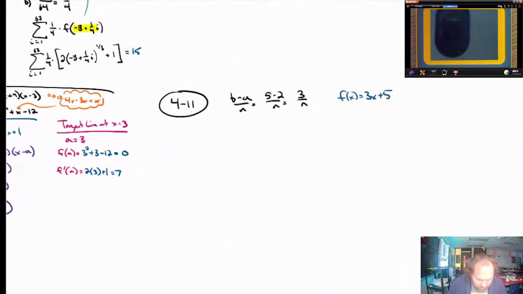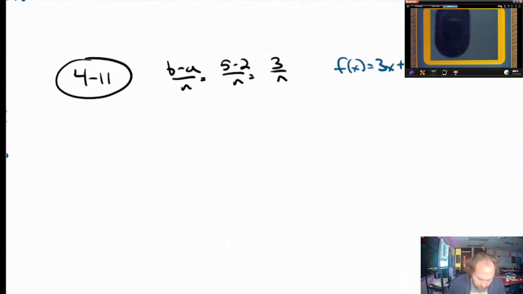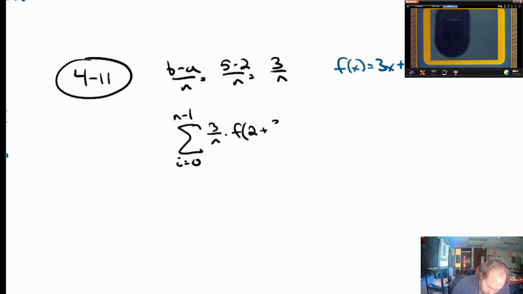So if I'm going to start building a sigma, here's how it would look. It would be sigma from i equals 0 to n minus 1, and I'm just going to leave that nice and general. It would be 3 over n times f of the left endpoint, which is 2 plus 3 over n times i, like that.